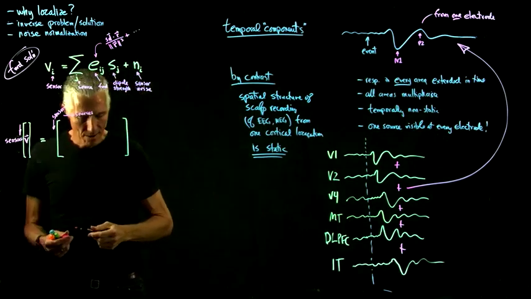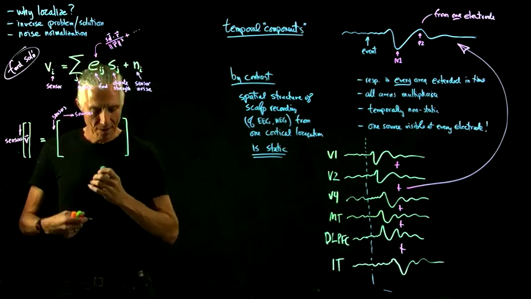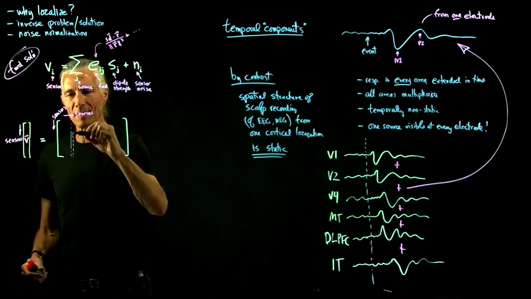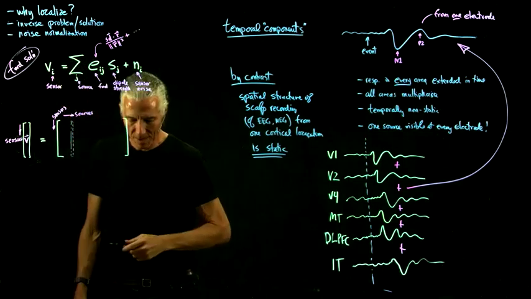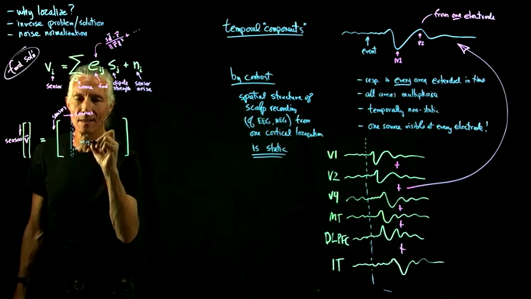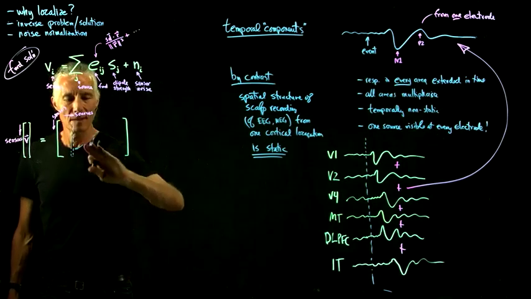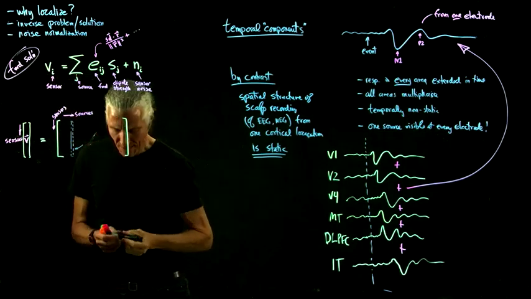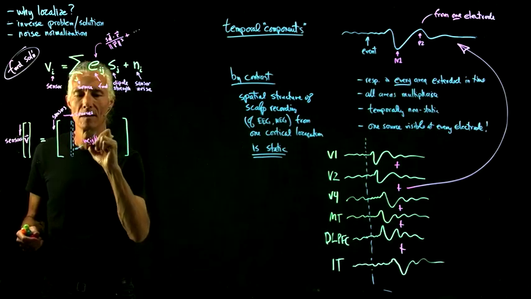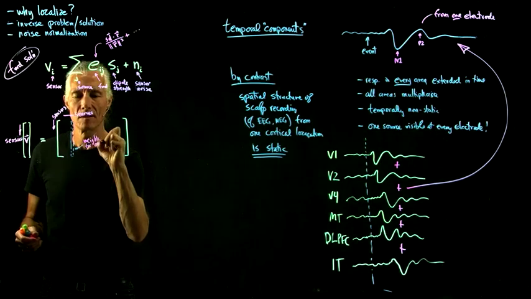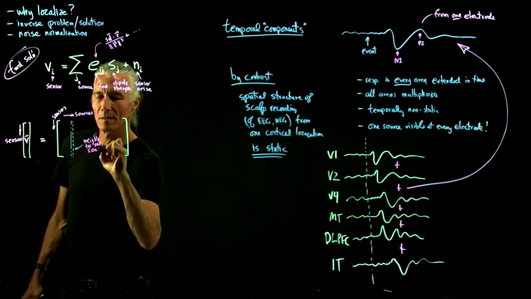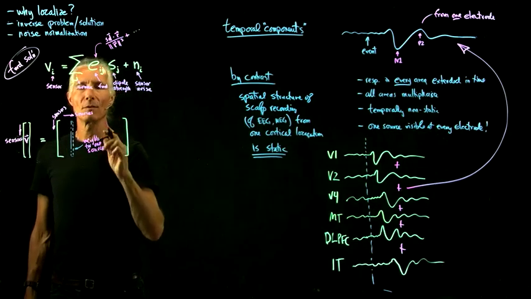And so in this matrix, what are the pieces of this matrix? Well, if we look at a column of this matrix, what is the column? It's basically the weights for one source. Those are the forward solution weights for one source.